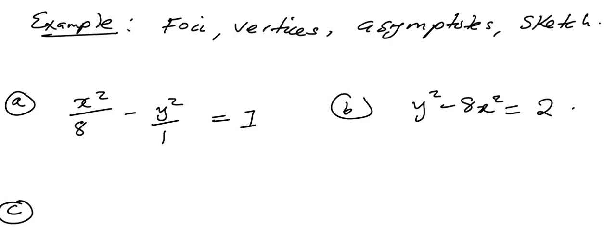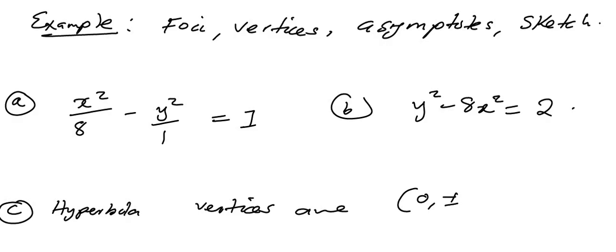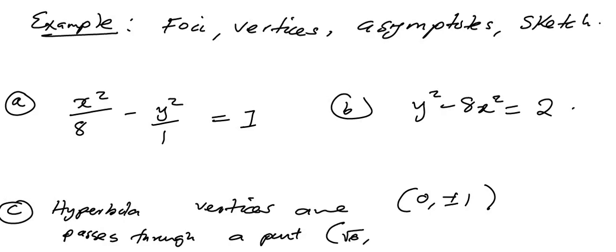C has information, so the vertices are given. This is very straightforward. There's a hyperbola whose vertices are 0, plus or minus 1, and passes through a point, root of 6, 5.